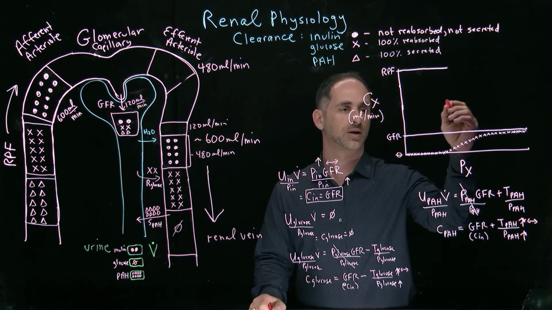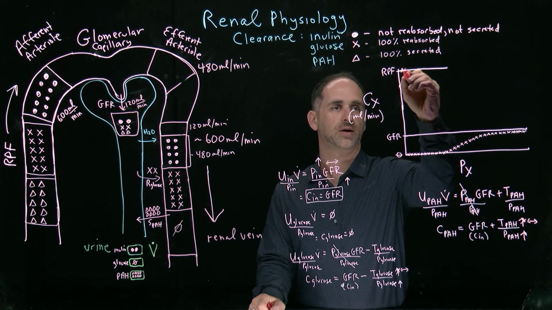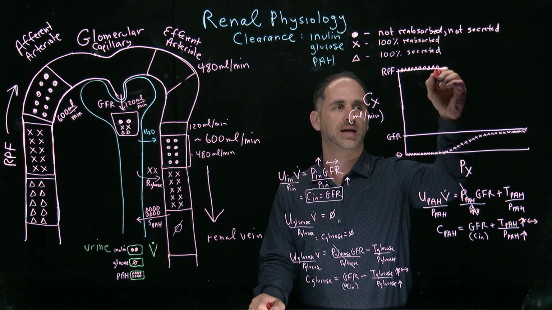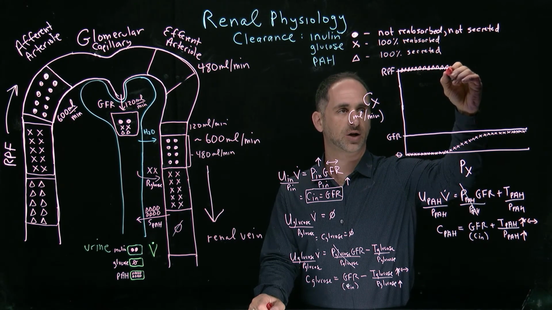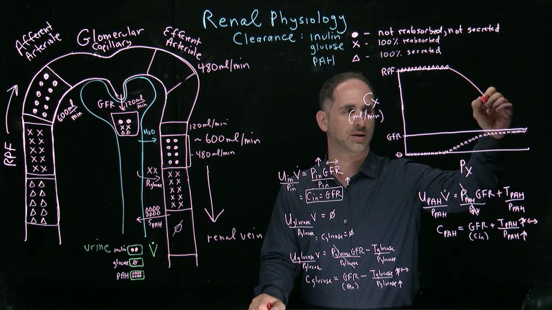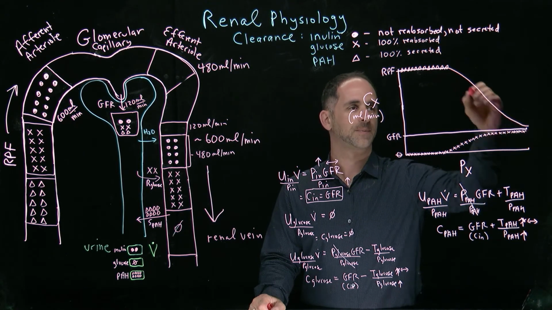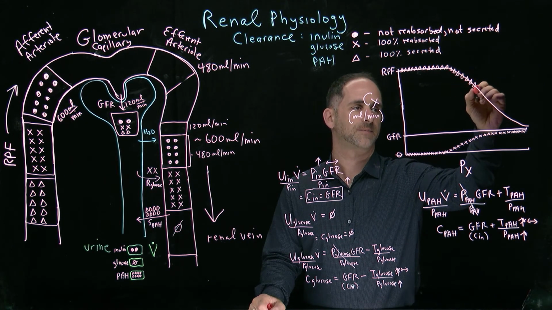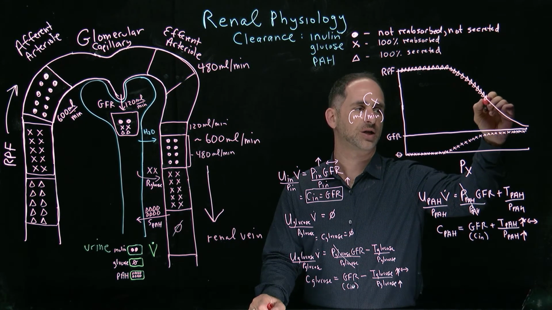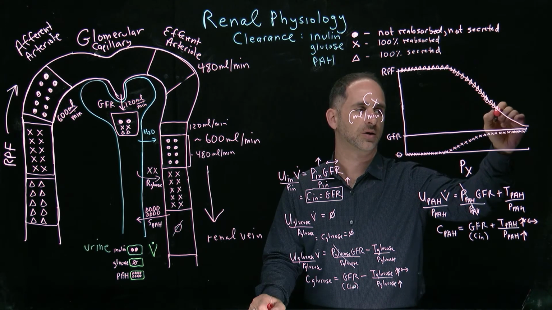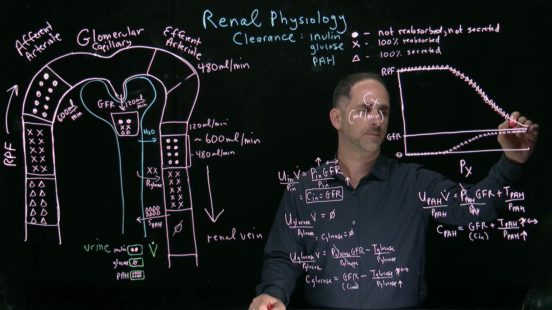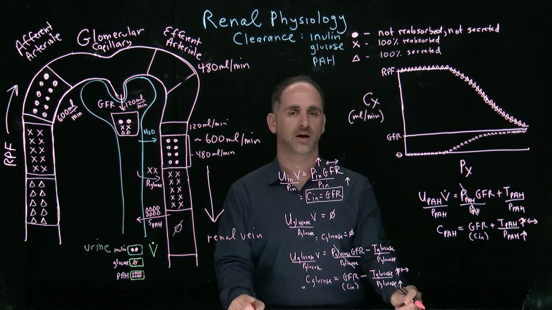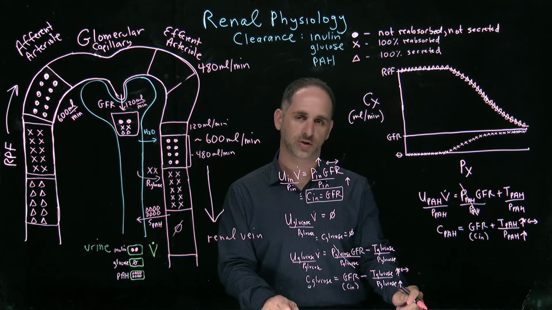So under these conditions, right, if I were to represent this as these triangles, for PAH, it's going to start to decline like so as that ratio gets smaller and smaller and smaller, approaching the clearance of inulin, just like glucose did.